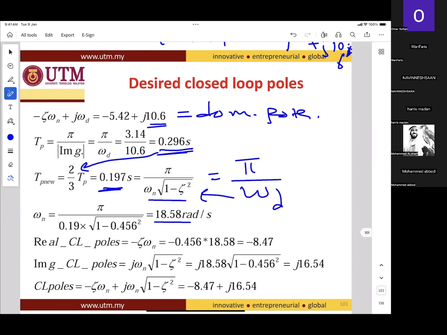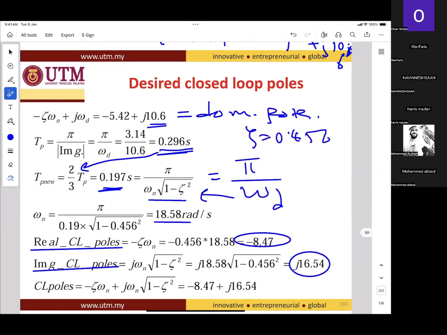Then from there, you will get the real part of the new closed loop pole, minus 8.47. And then the new imaginary part, which is j16.54, by using the new omega n and the zeta, 0.456.